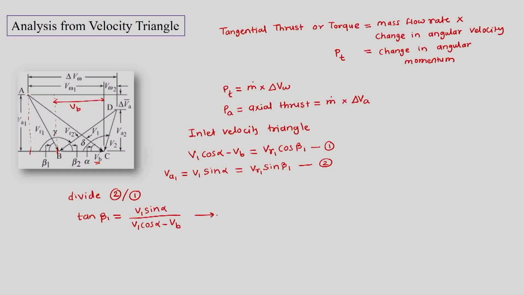So, we would know all the right hand side quantities, and then we can calculate beta 1. So, beta 1 is equal to tan inverse of V1 sin alpha divided by V1 cos alpha minus Vb.